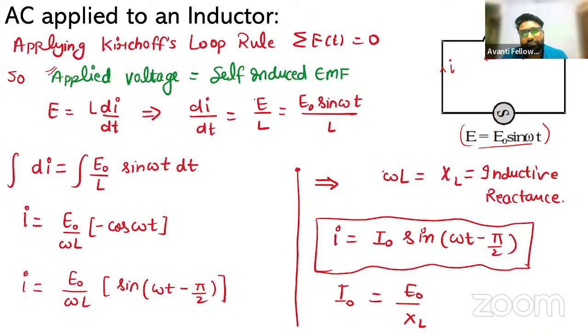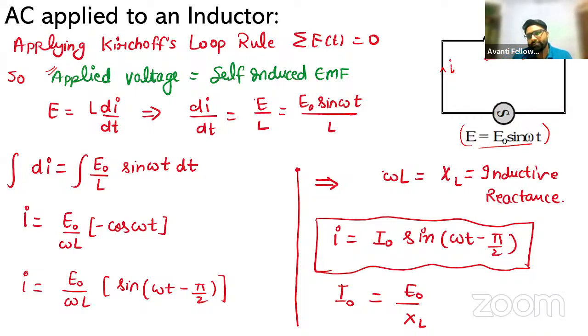If the magnitude of the current is changing, the magnetic field it produces will also change. If that is changing, the magnetic flux associated with this particular value of current will also change. And change in magnetic flux leads to an induced EMF, known as self-induced EMF, which in the case of an inductor is given by L dI by dt.